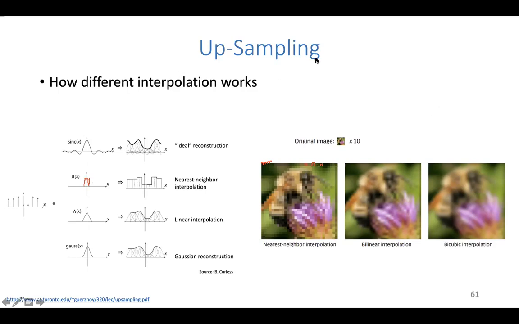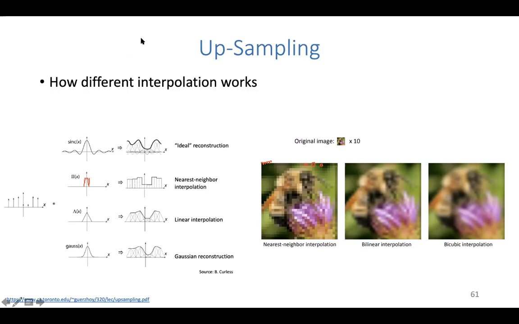And if you look at bilinear interpolation, it is way smoother than nearest neighbor interpolation. And if you see bicubic interpolation, it is even smoother. But whether you like a smoother image or not is your preference, and it depends on the task which one you should use.